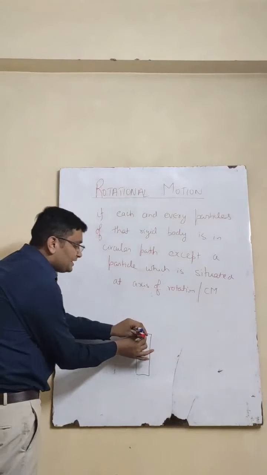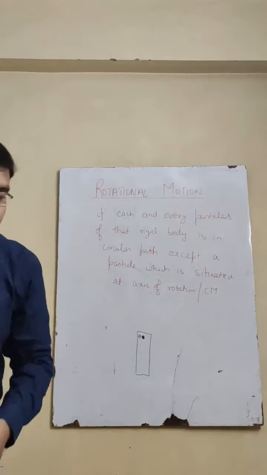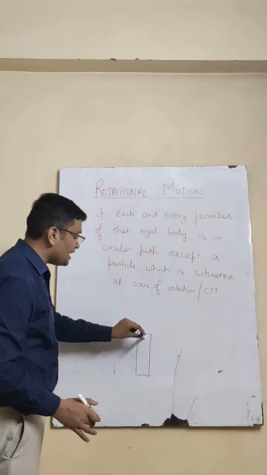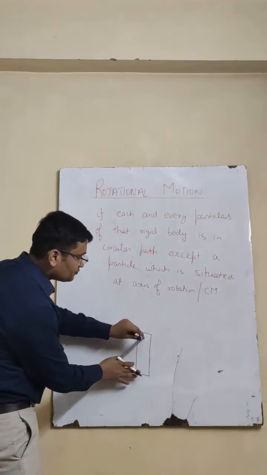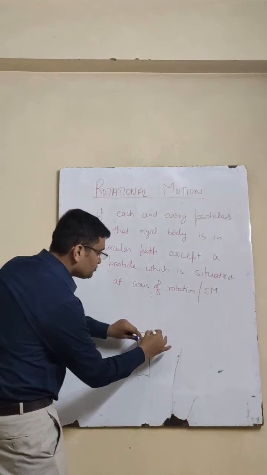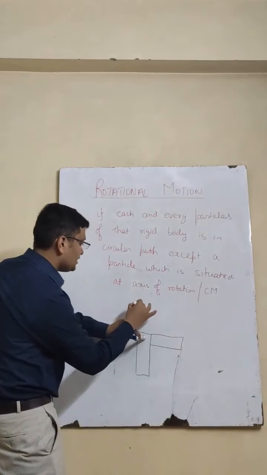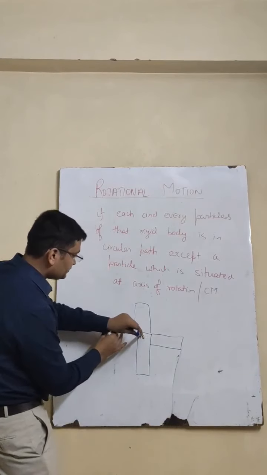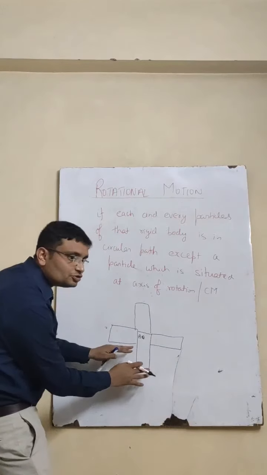When I apply the force, see carefully what happens. This body moves like this, comes here, then again comes here, then again here, and then again comes to its initial position.